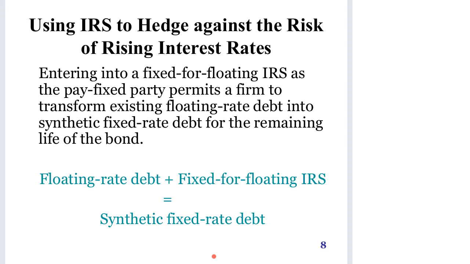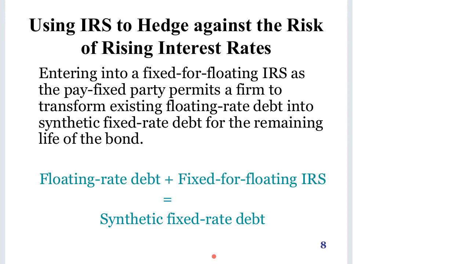Now, how do you use an interest rate swap to hedge against the risk of rising interest rates? This is how, because that is one of the primary utilities. What can you do? You enter into a fixed to floating IRS and you pay fixed, receive floating. Because when you pay fixed, it permits the firm to transform an existing floating rate debt into a synthetic fixed rate debt for the remaining life of the bond.